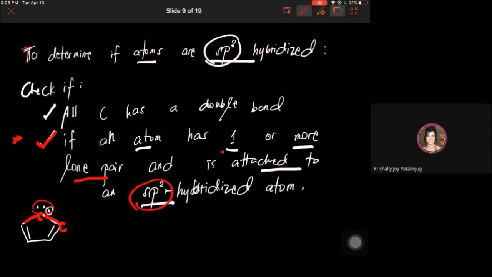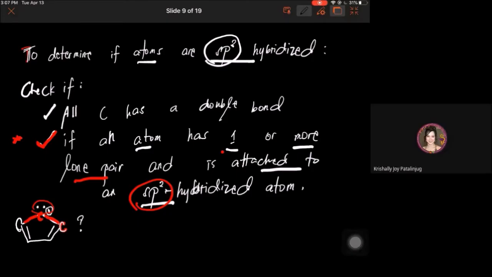Question: is this carbon an sp2 hybridized? Obviously, yes.